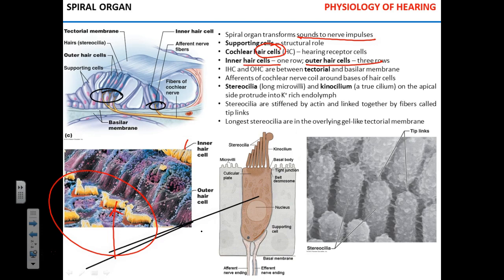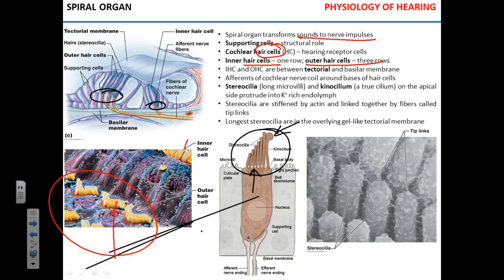Why do we call hair cells hair? They have cilia on the apical surface. They have multiple cilia of different length, and they have the largest cilium that is called kinocilium. Okay?